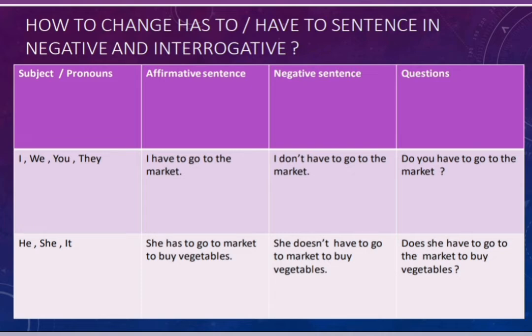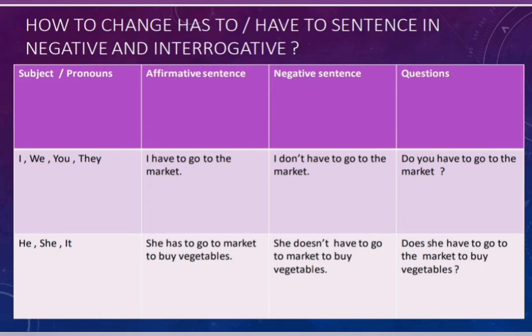For example, the sentence I have to go to the market will be changed into negative form as I don't have to go to the market. In interrogative, it will become: do you have to go to the market?